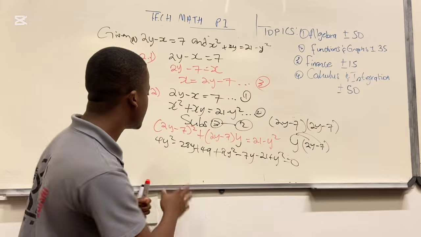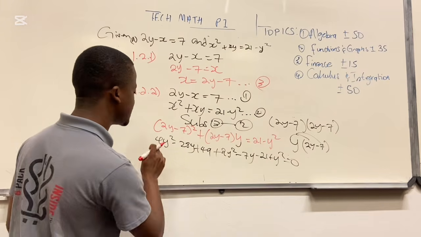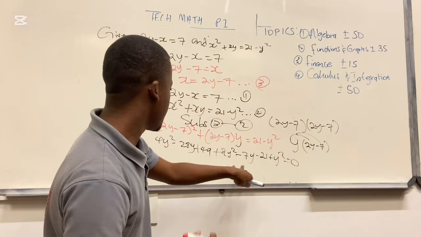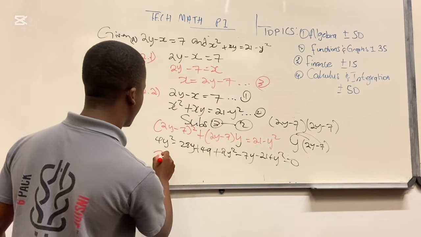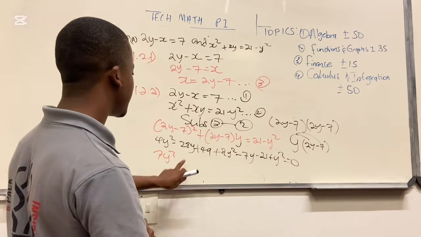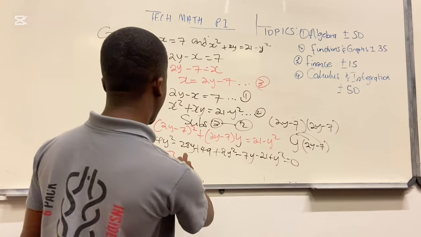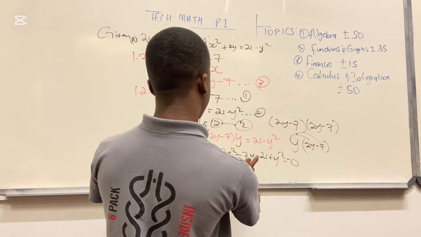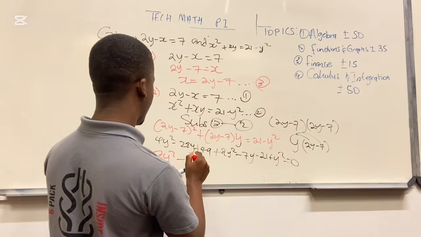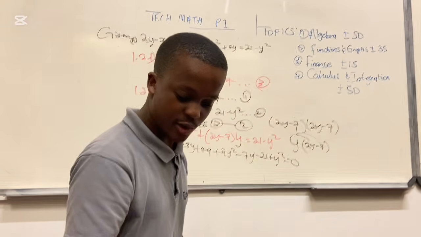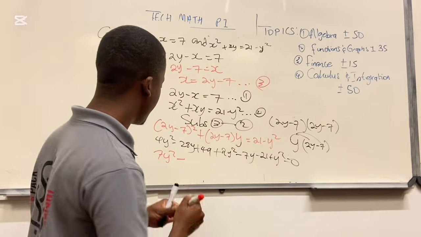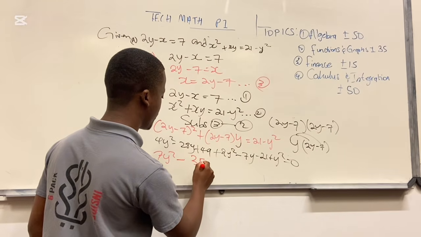Now we add the like terms. We have like terms here, as you can see. This is 4y squared plus 2y squared plus y squared, that is 7y squared. Then for the y terms, negative 28 minus 7, that is negative 35y.